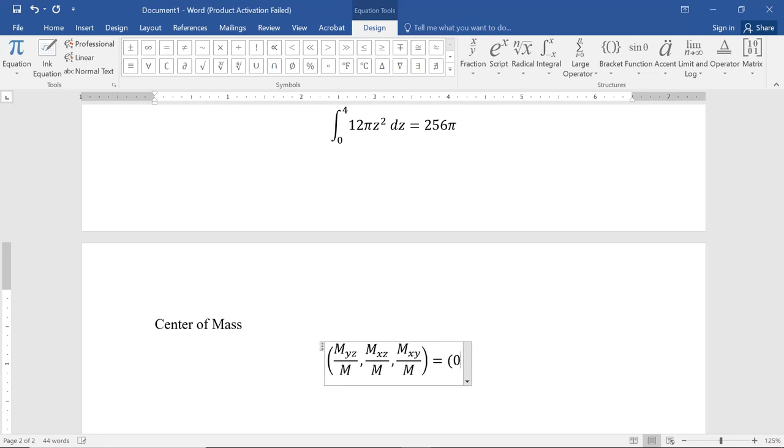In this case, that's 0 over 96 pi, comma, 0 over 96 pi, comma, 256 pi divided by 96 pi.